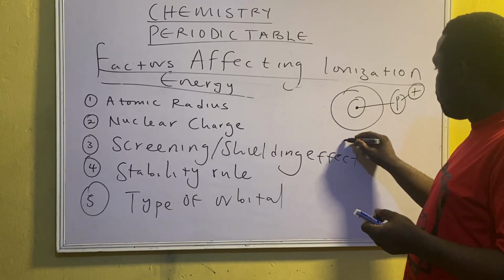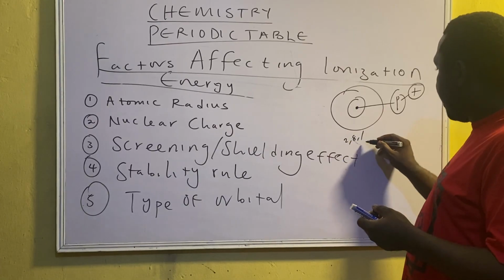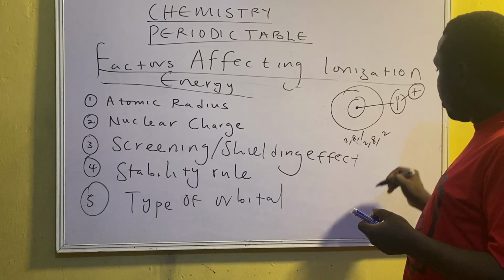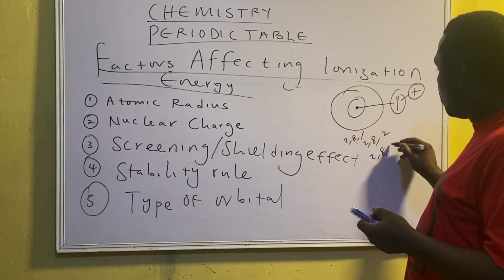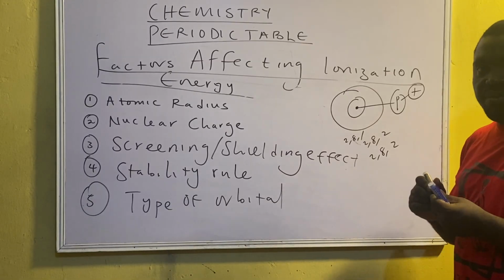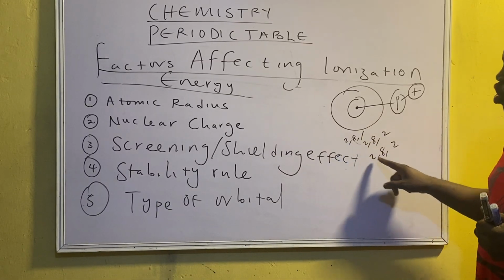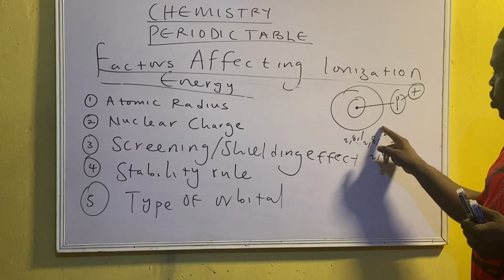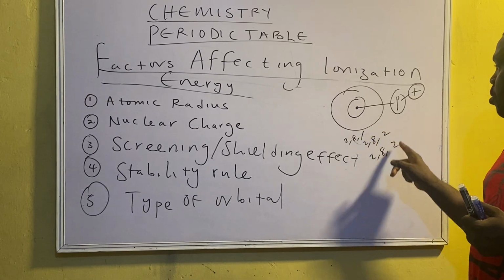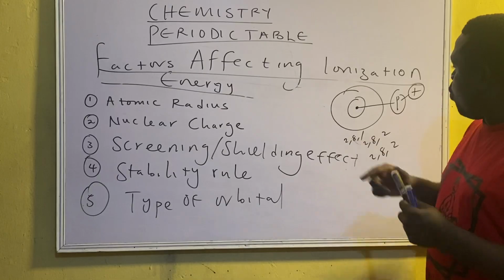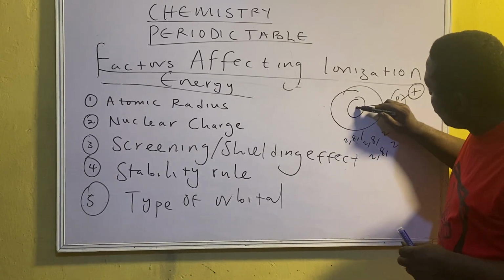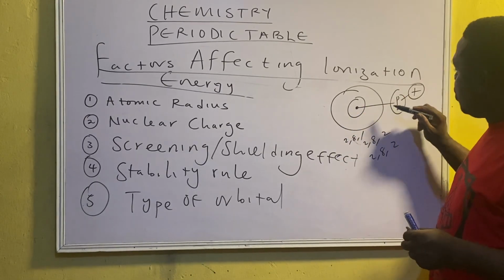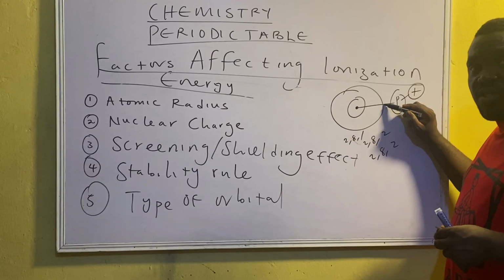If you have sodium, for example, 2,8,1, and you have another like magnesium 2,8,2, and you have aluminium 2,8,3, you will observe that they have the same number of shells. The shell does not increase, but then the proton number increases. That is this number. So this is what happens when you have a nucleus here, and then remember there are electrons outside here.